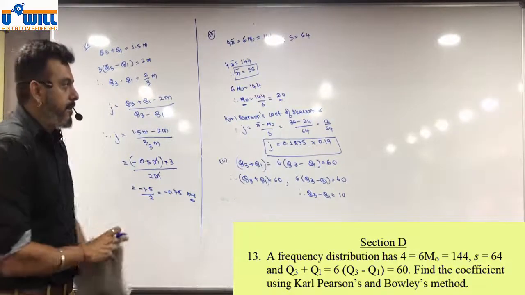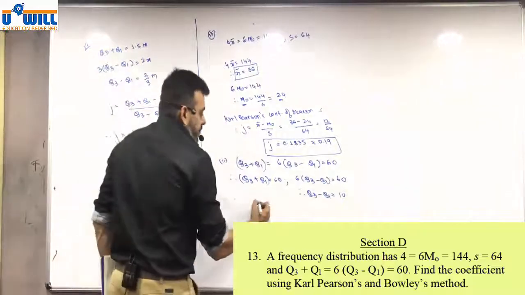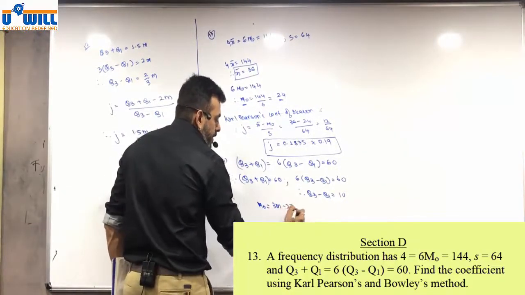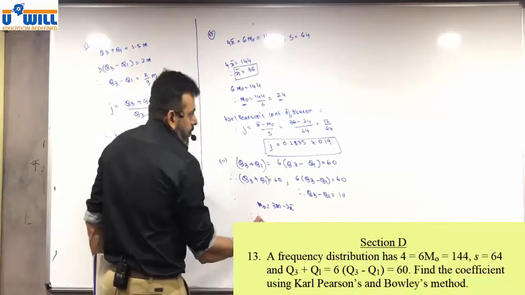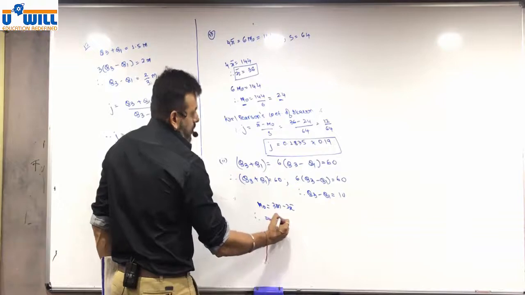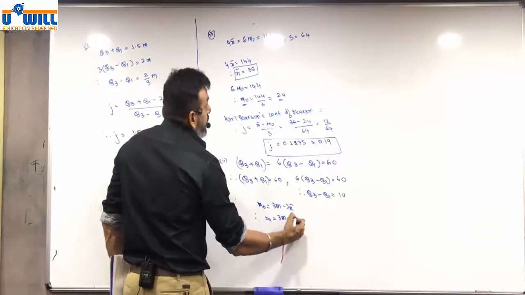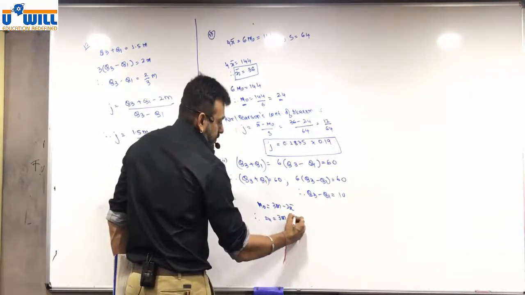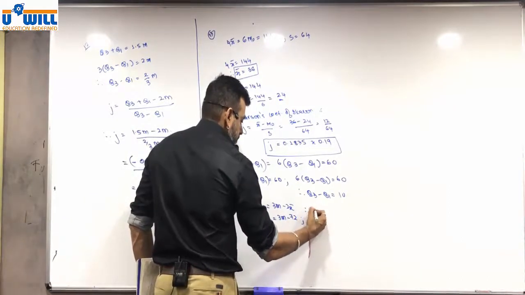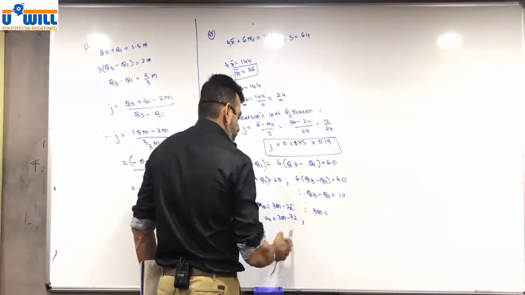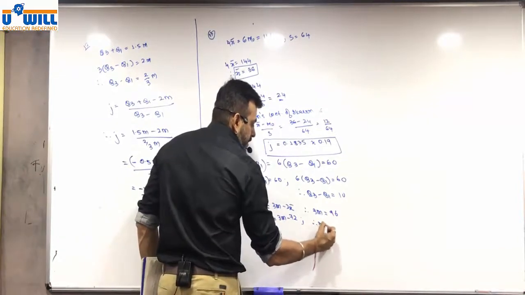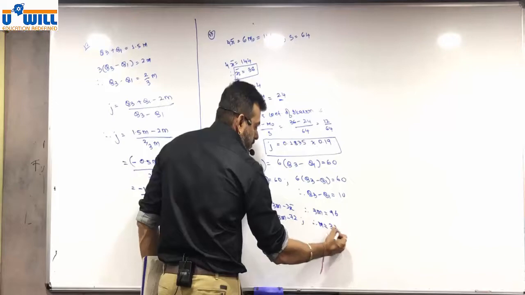We have to find the median. Mode is equal to 3m minus 2 x bar. Therefore, 24 is equal to 3m minus 2 x bar, so 72. Therefore, 3m is equal to 96. Therefore, median is equal to 32.